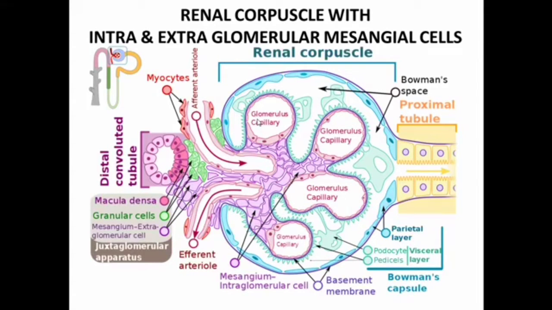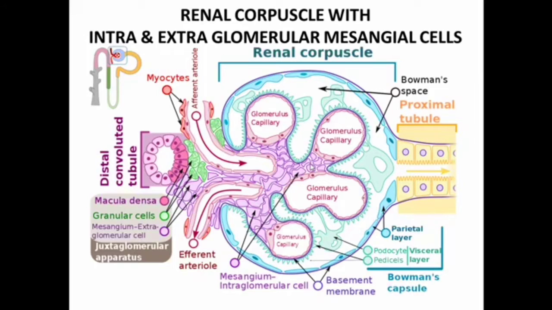Now coming to this picture or this slide, and this is the key slide for many functions of the renal corpuscles, but we are interested here in the intra and extraglomerular mesangial cells. You see here, these are the mesangial cells. Now, what are these mesangial cells? These mesangial cells are a special type of cells, and these are present within the renal corpuscle.